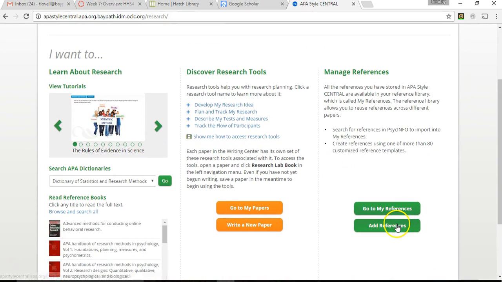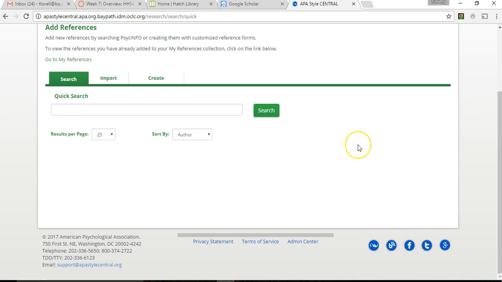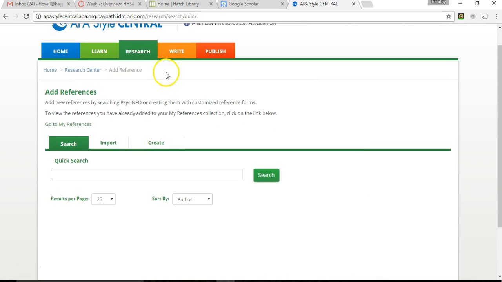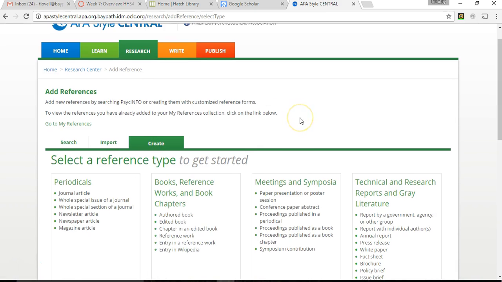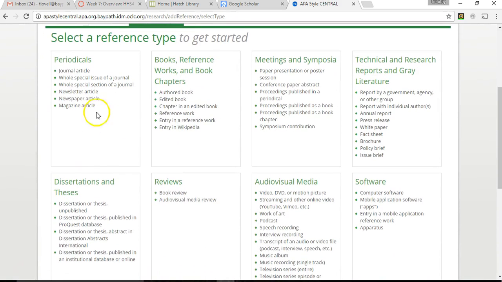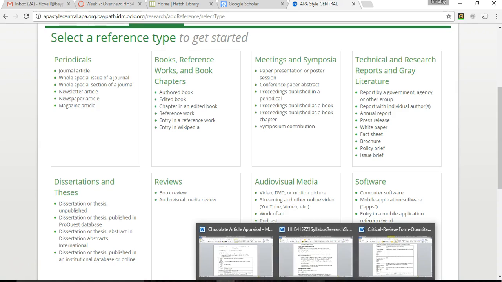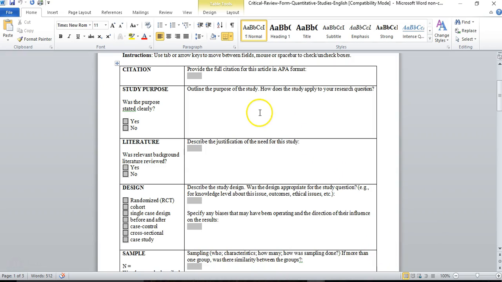Here it is, add a reference. That is under the research tab. Again, I totally encourage you to use this because this is a great resource. Create your reference here and just copy and paste it into your critical review form.